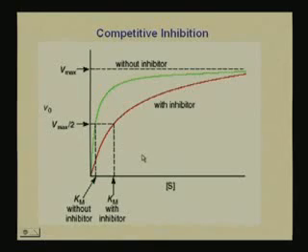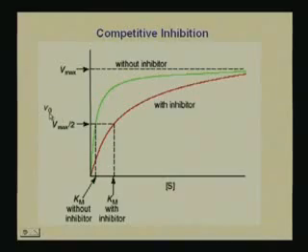Okay. Now how does this change our Lineweaver-Burk plot? What is the Lineweaver-Burk plot? We have 1 by V0 versus 1 by S. Let's work on that now.